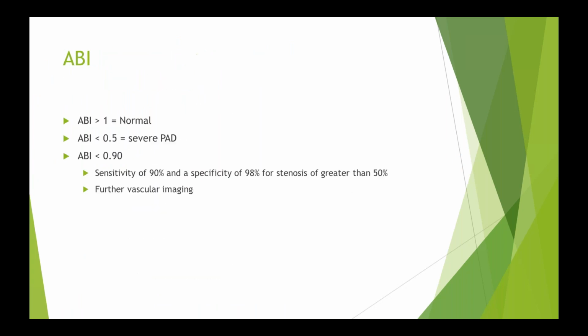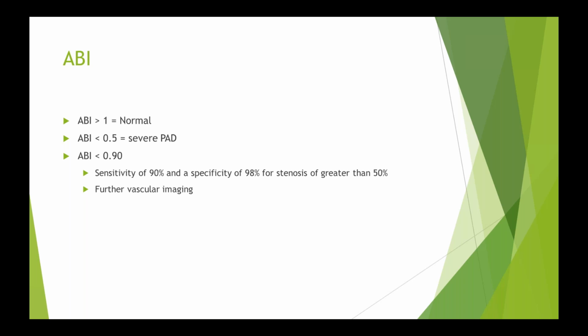Next, the most common test performed is usually ABI. ABI can be performed at the patient's bedside with the patient in supine position. Pressures are measured with Doppler ultrasound at the brachial artery and the posterior tibial artery. The ankle systolic pressure is divided by the brachial pressure.